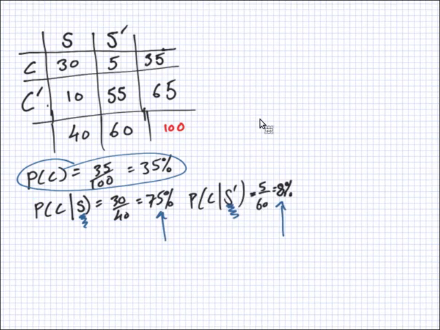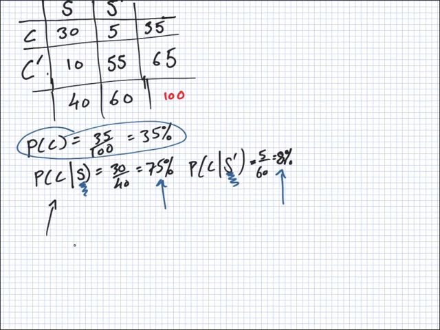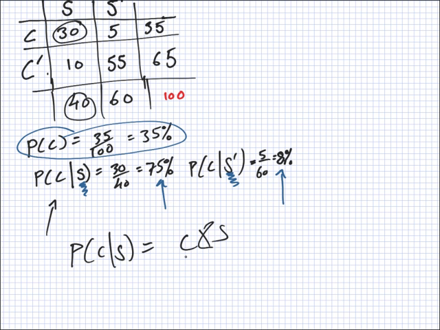So let's see how we calculated this one, for example. What did we put on the top? We put cancer and smokers, and then what do we put on the bottom? Smokers. So it was cancer and smokers over smokers.